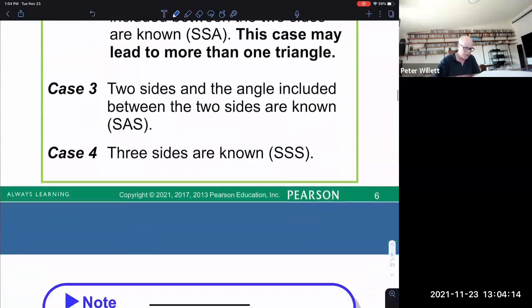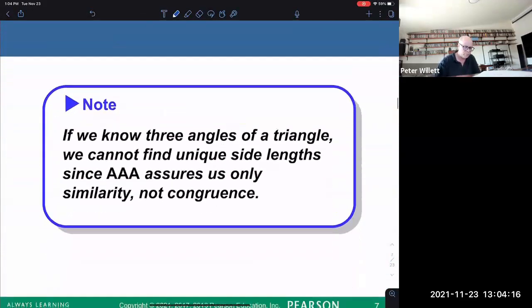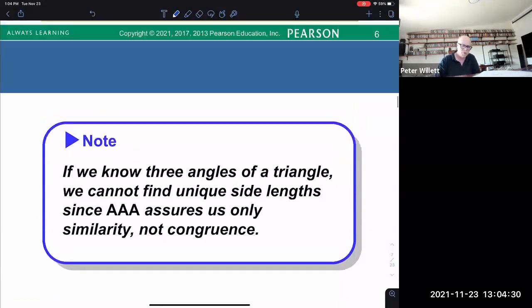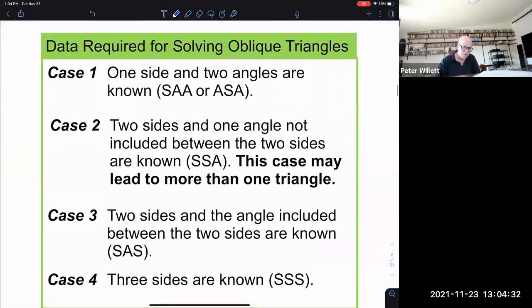So let's see if they begin with case one. Well, note, if we know three angles of a triangle, we cannot find unique side lengths since the angles assure only that the triangles are similar, not congruent. So that's pointing out, as I mentioned earlier, that if you know all three angles, you can't figure out the sides, because you could have three angles in a small triangle and you could have the exact same three angles in a similar bigger triangle.